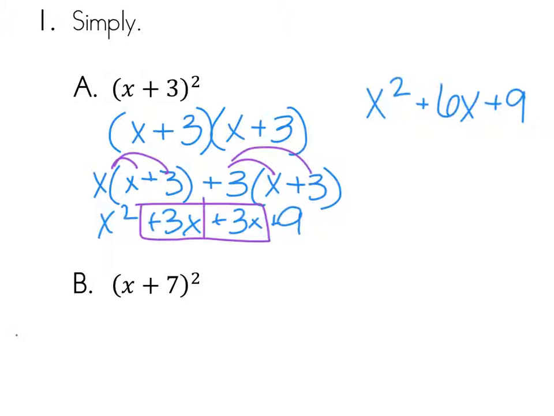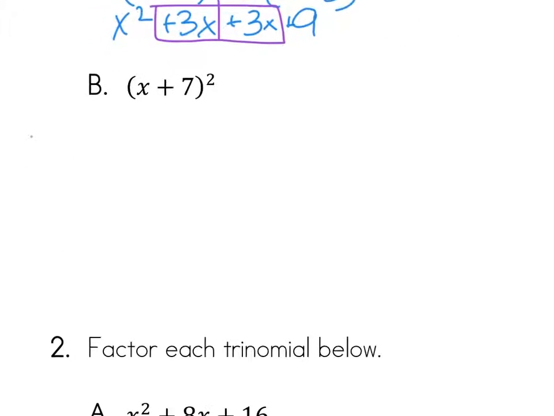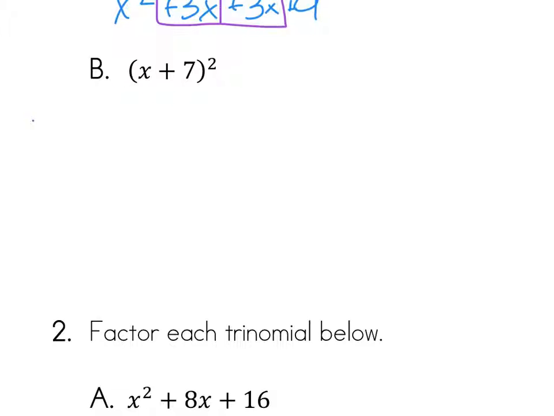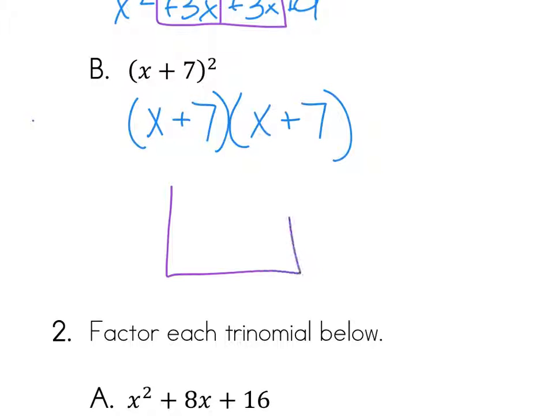Okay, let's take a look now at part B. Expand x plus 7 all times x plus 7. Let's show the box method for those of us who like this strategy.